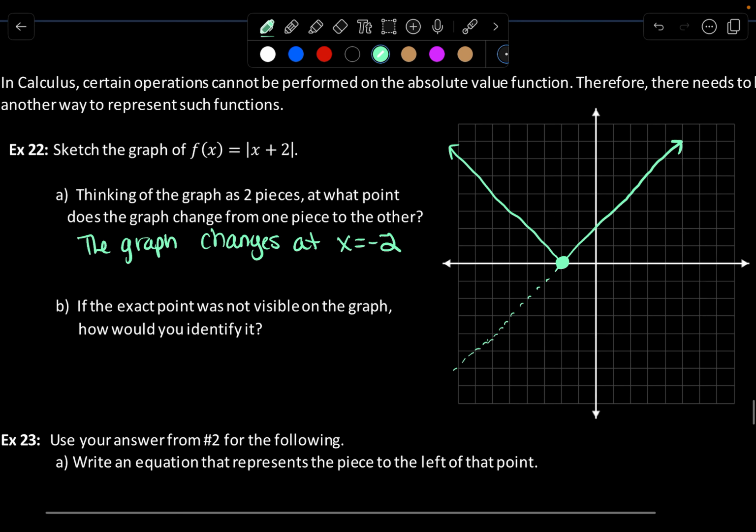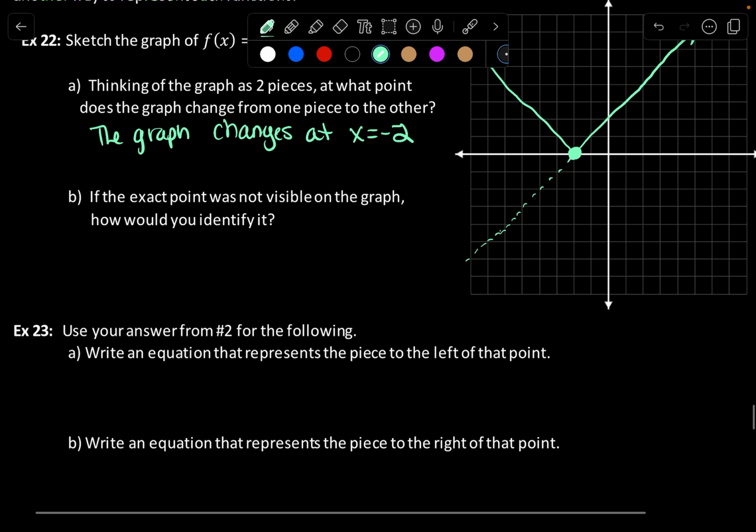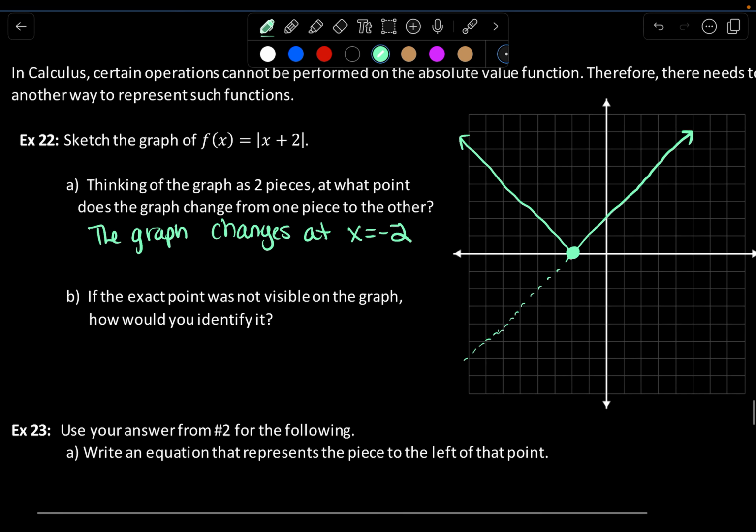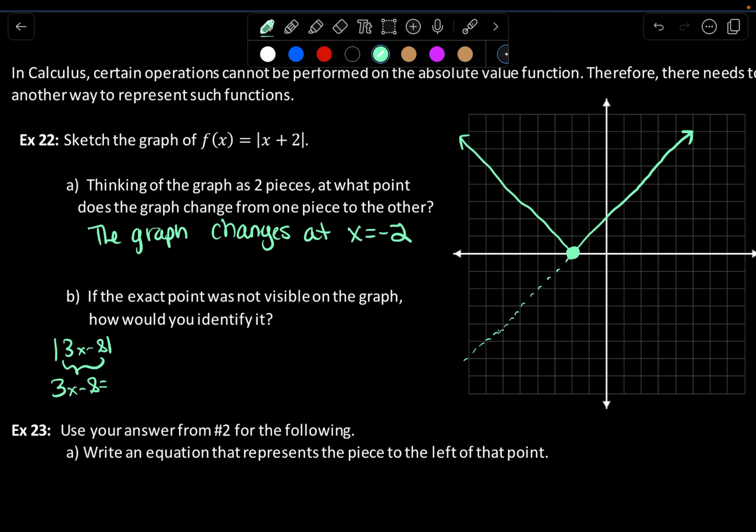If the exact point was not visible on the graph, how would you identify it? So take whatever is on the inside of the absolute value, set it equal to 0, and solve for x. So if we had 3x minus 8, and I wanted to find out where the two pieces are changing, I would take this and set it equal to 0, which means the two pieces will change at x equals 8/3.